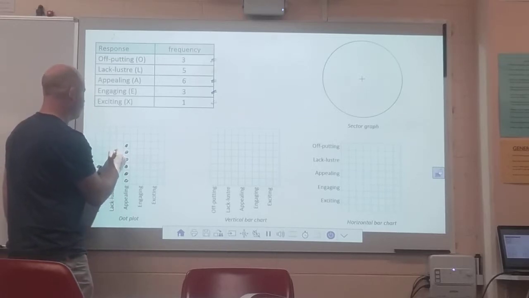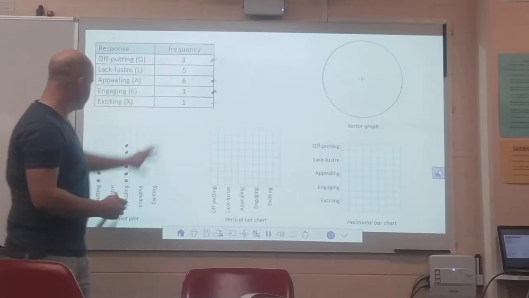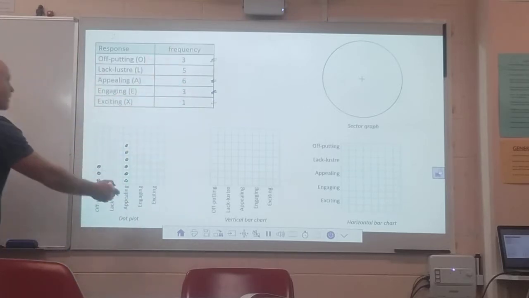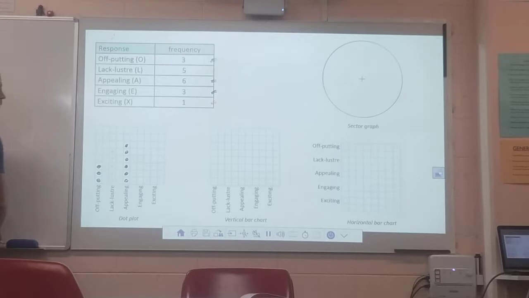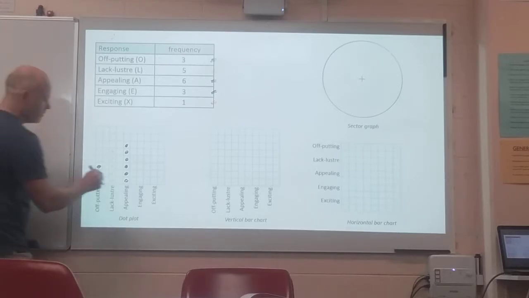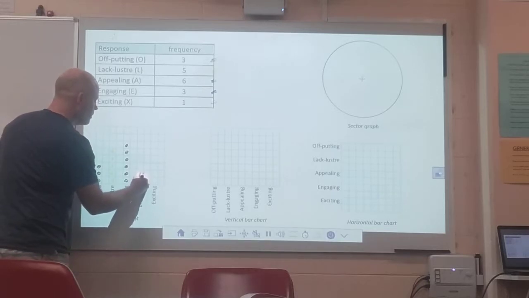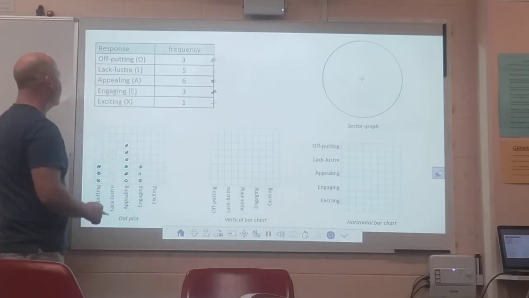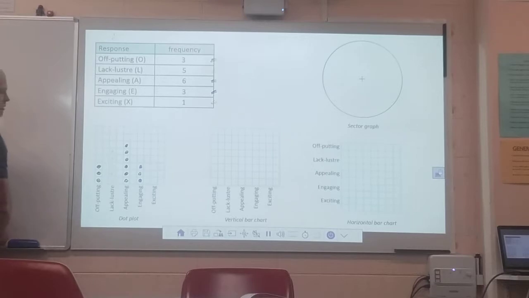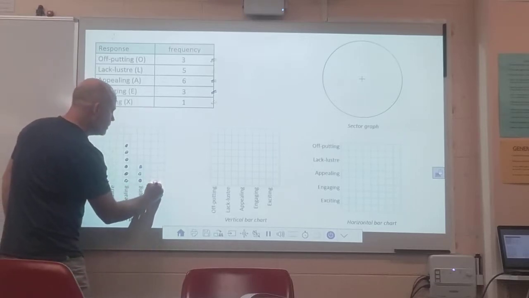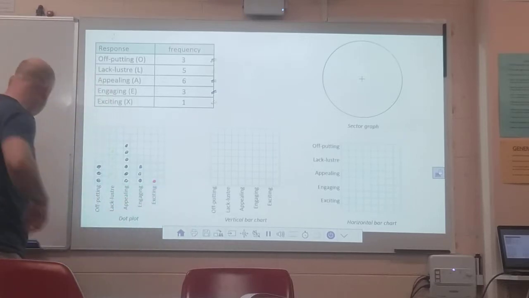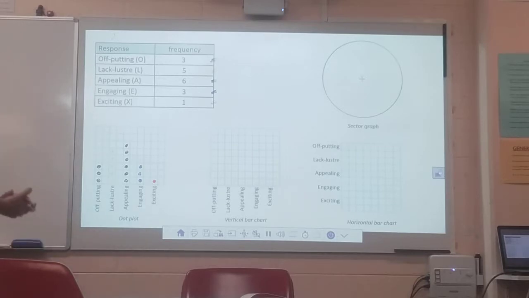The advantage of a dot plot is that you can go from the frequency straight to this just by counting the number of dots you put in. Engaging was 3. And exciting, just one person thought this was exciting. Must have been some sort of commercial if it's put off this many people.